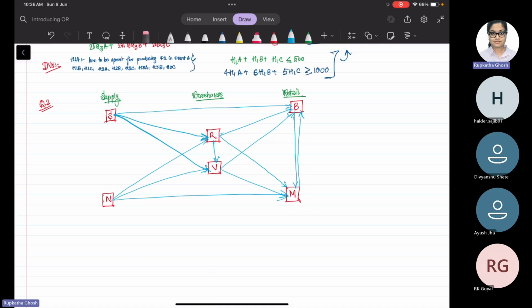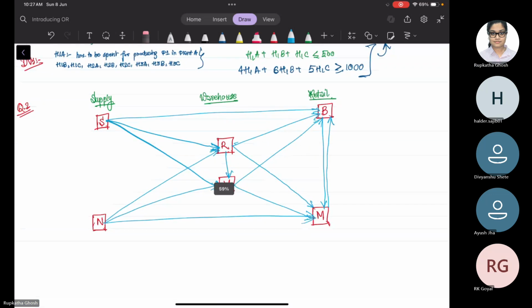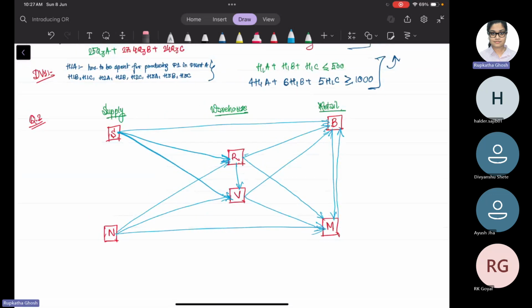So how did I make this? You see, it is said that items can be shipped directly from S to B at a cost of 25 rupees per unit. So this is S to B. Or they can be shipped from S to R at a cost of 15 rupees per unit, and S to V at a cost of 16 rupees per unit.